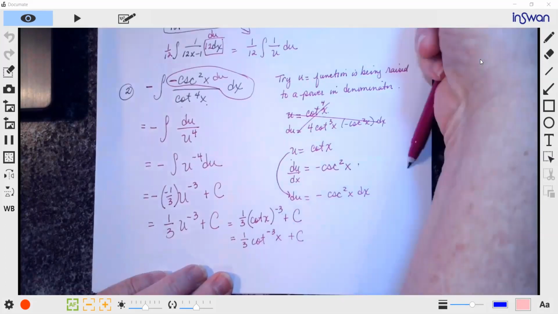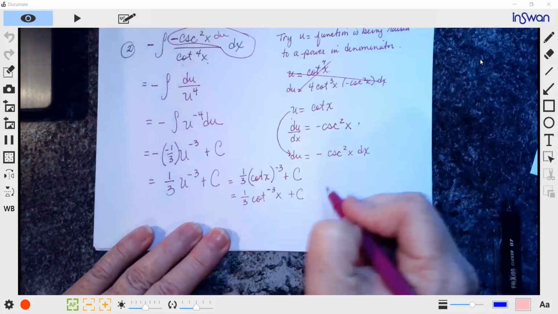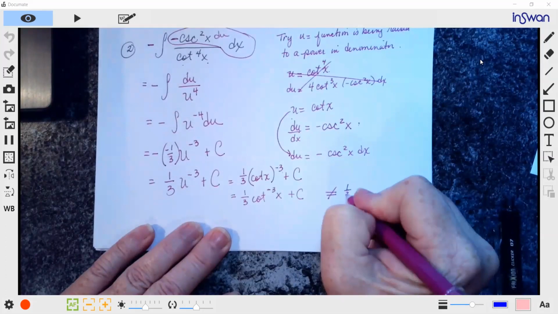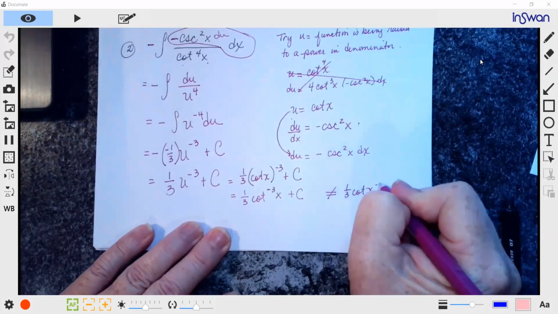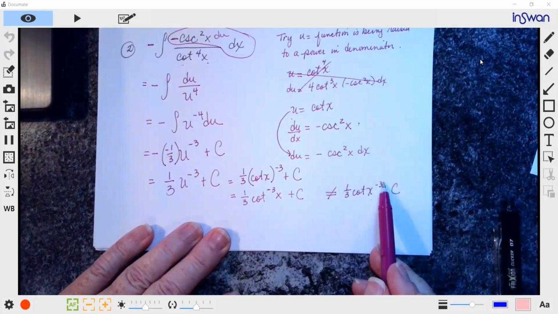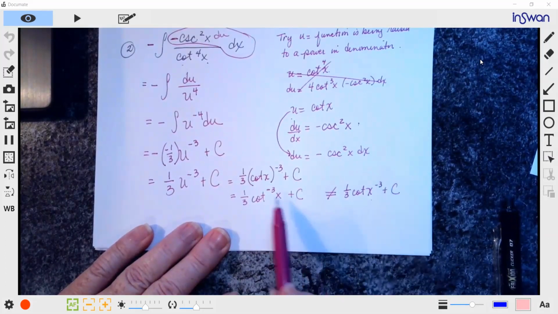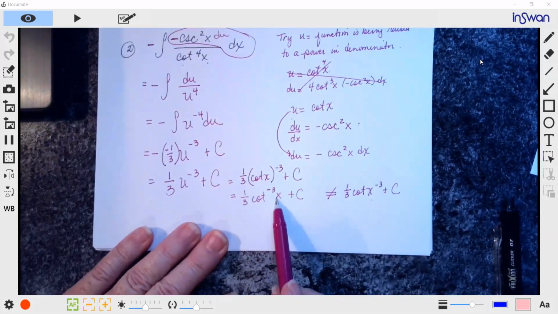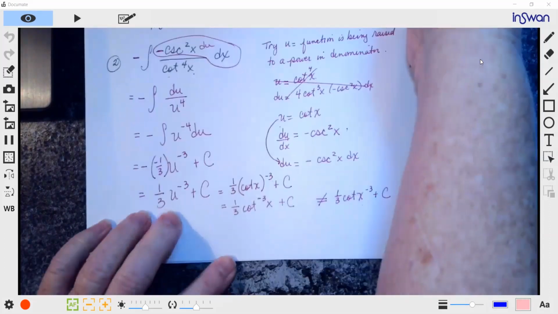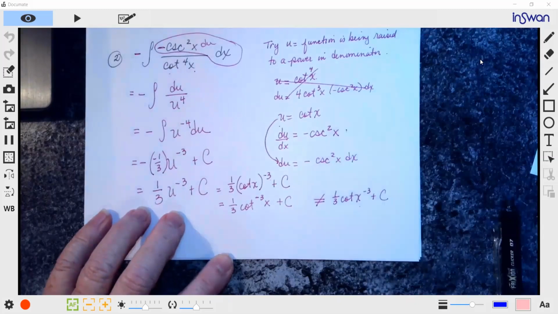What you can't do here is that is not the same as 1/3 cotangent of x to the -3, like that. This notation, x only is being raised to the -3 power. We want the cotangent to be raised to the -3. And then you look at the way they leave their answer in MyMathLab, and that's probably not it.